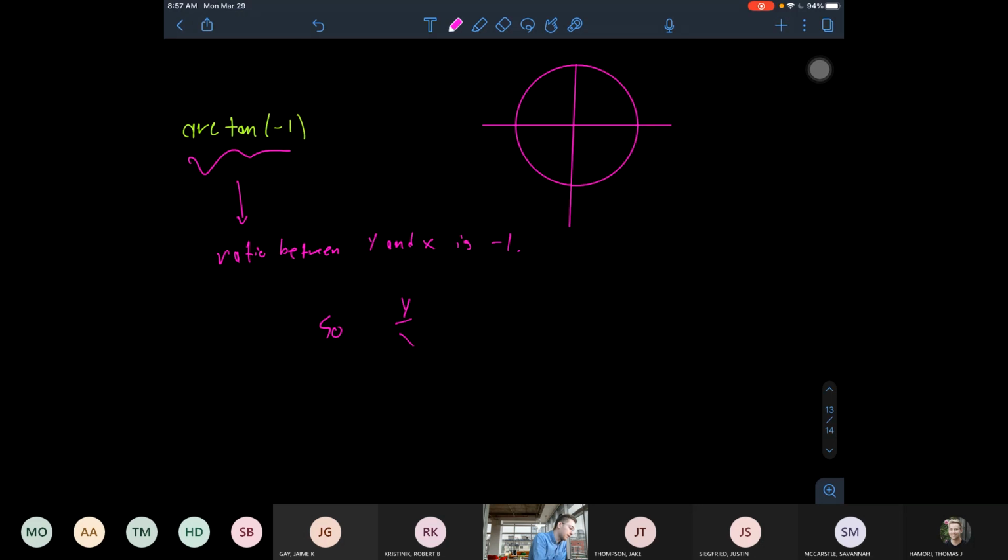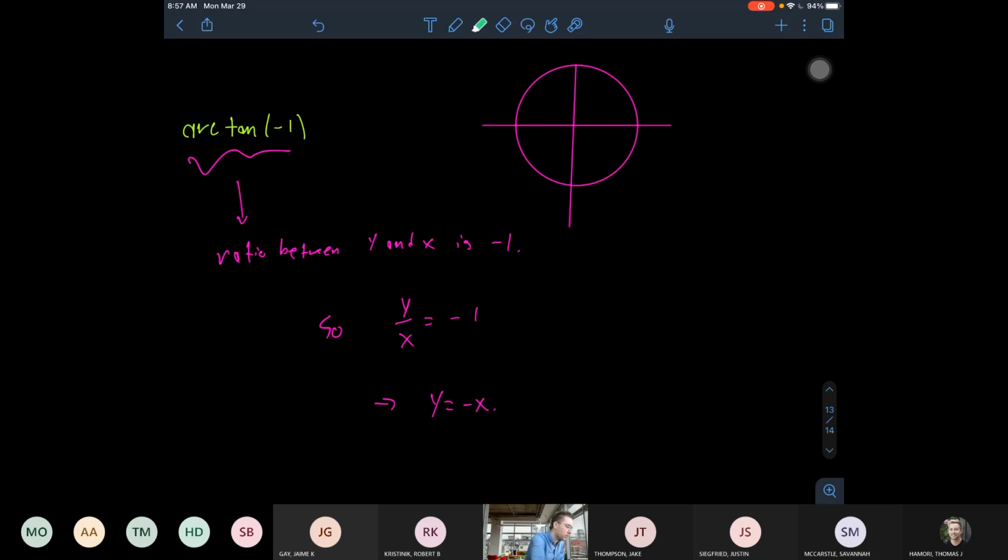So y over x is equal to -1. And therefore, y is equal to -x. This is what we're learning. Y is equal to -x.